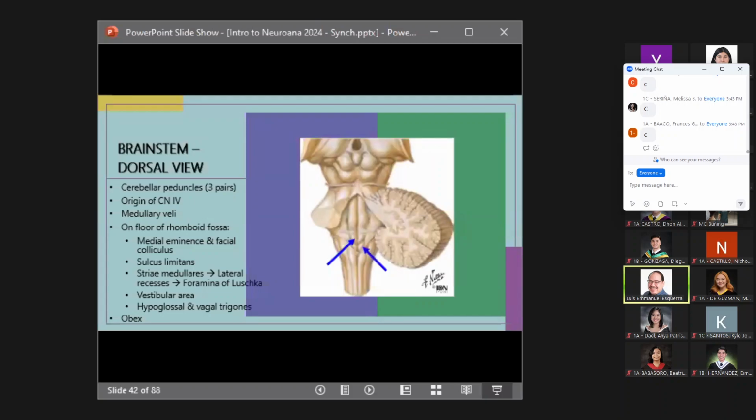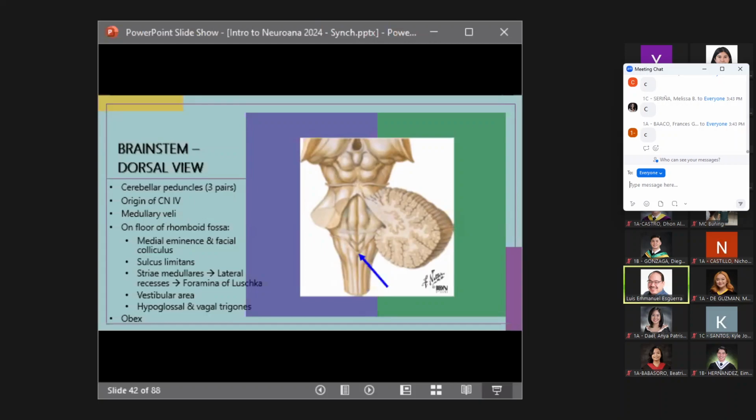Underneath are the hypoglossal nuclei and the dorsal vagus nucleus. The tip of the rhomboid fossa is the obex, where there is a hole, the foramen of Magendie, where cerebrospinal fluid exits to the cisterna magna.